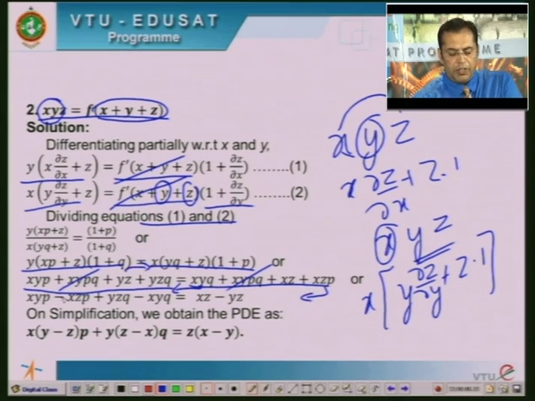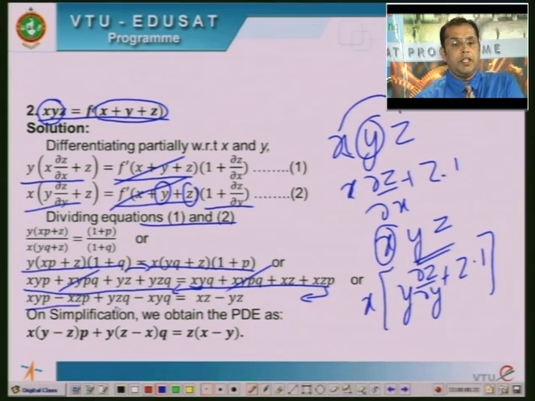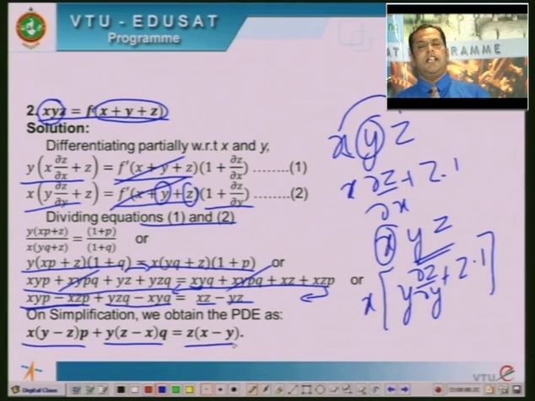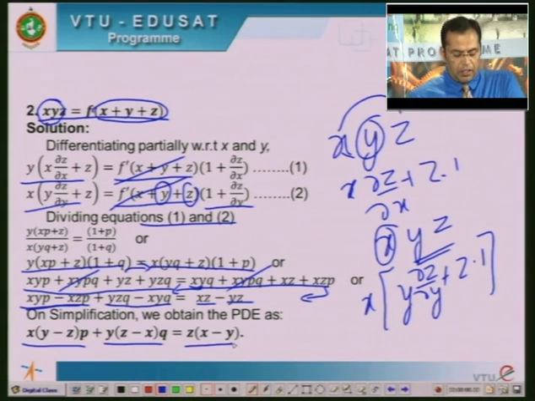So, you get xyp minus xzp plus yzq minus xyq equal to xz minus yz. Finally, the required PDE of order 1 is x(y − z)p + y(z − x)q = z(x − y), which is again a PDE of order 1.